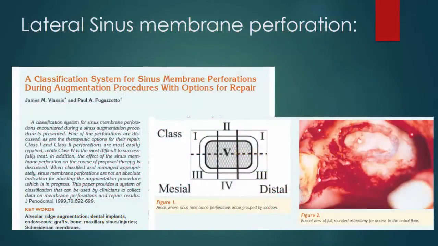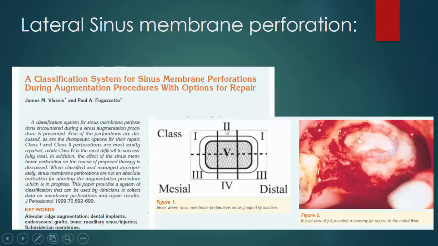Another complication that I want to mention is the perforation of the membrane during the surgery. We have a classification for the perforation according to Vlassis and Fugazzotto in 1999. Here, as we can see, we have class 1: the perforation is located on the superior border of the window, on the corner part.